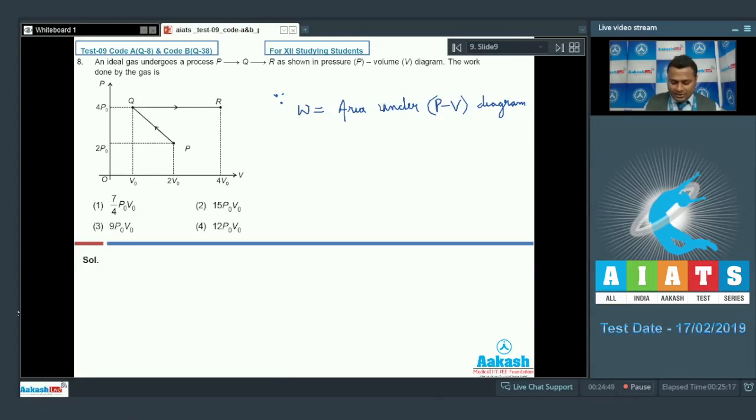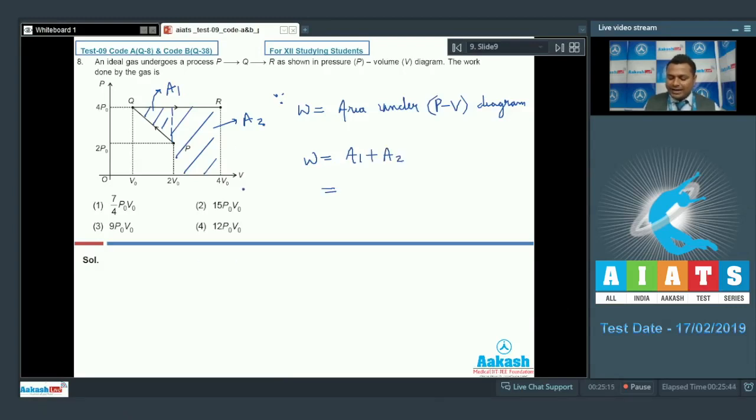Therefore, let us calculate the area under the PV curve. Consider this as a complete rectangle and this as a triangle. The area of the triangle gives A1, the area of the rectangle gives A2. So the total work done W is given by A1 plus A2.